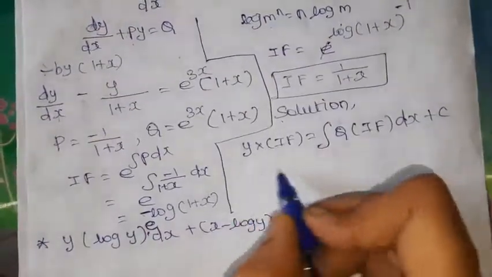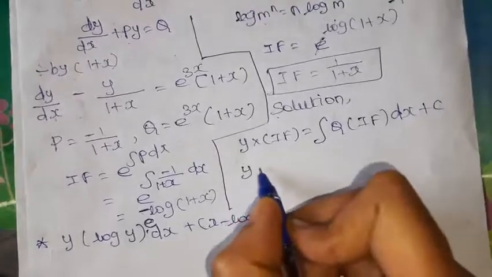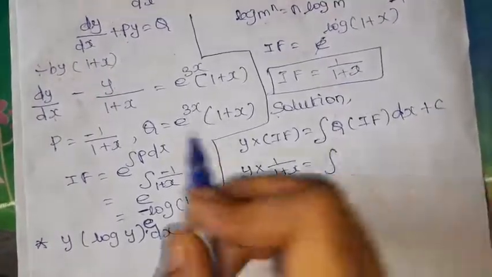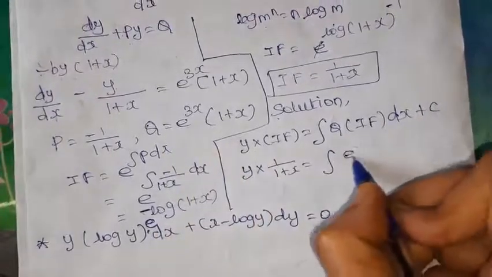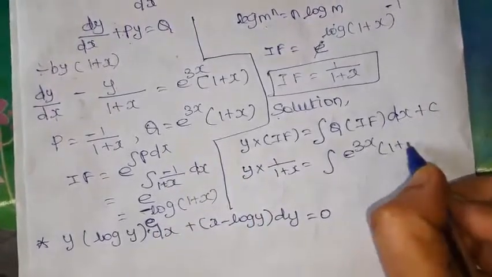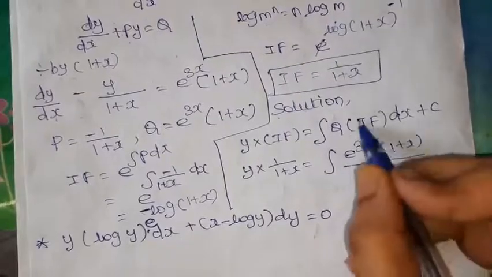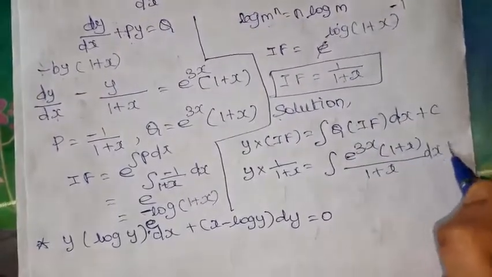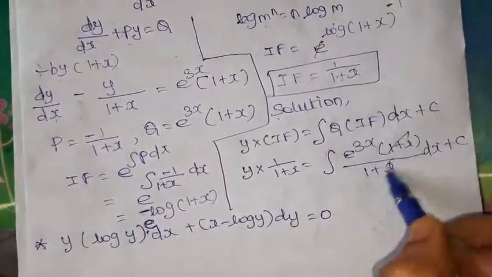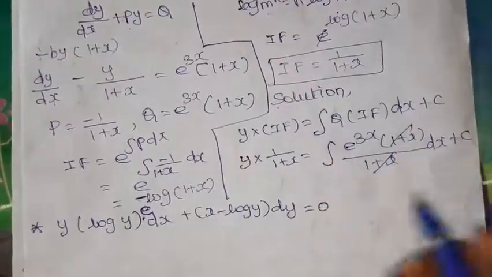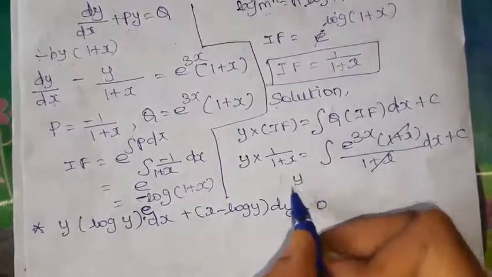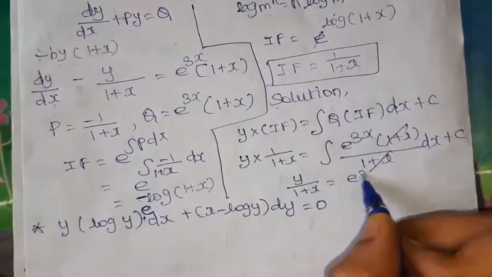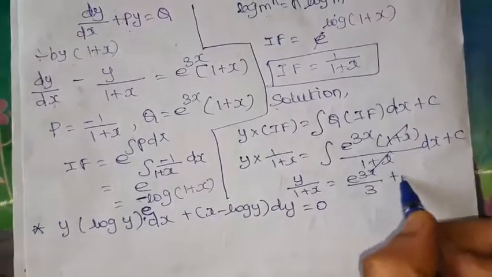So, y into the integration factor, 1 by (1 plus x), equals integral of Q, e power 3x into (1 plus x), times the integration factor, 1 by (1 plus x), dx plus C. So, this and this get cancelled. Integral of e power 3x: y by (1 plus x) equals e power 3x by 3 plus C.